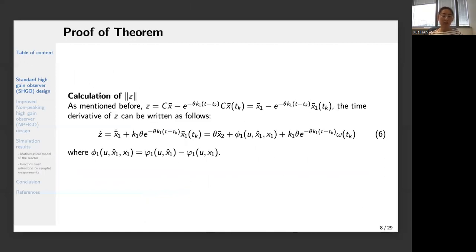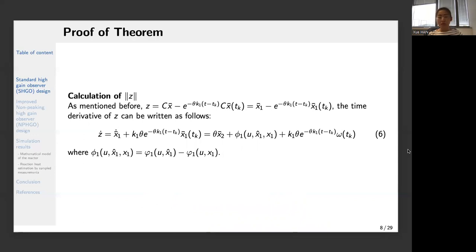Here is the calculation of the norm of z. We already defined the function z is short for this function. And here x bar 1 is the first element of the vector x bar. And here we can calculate the derivative of z.